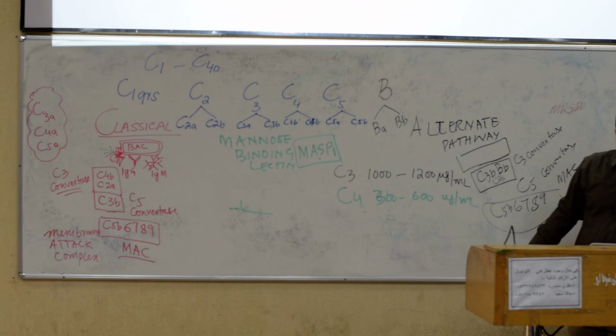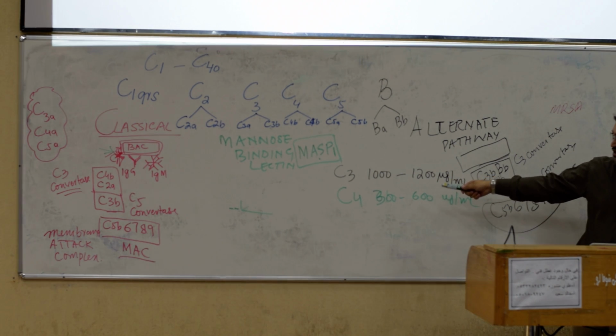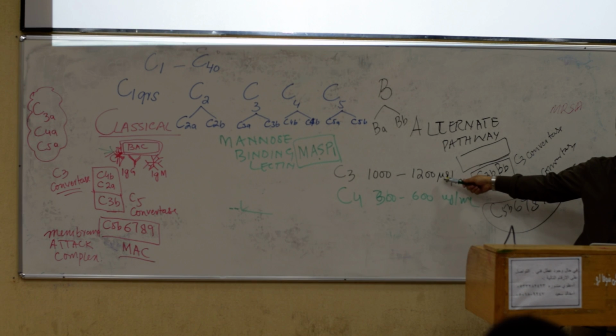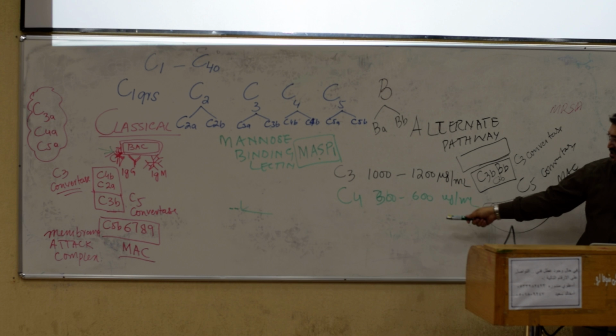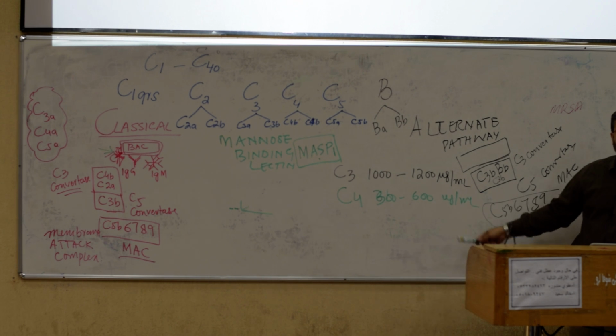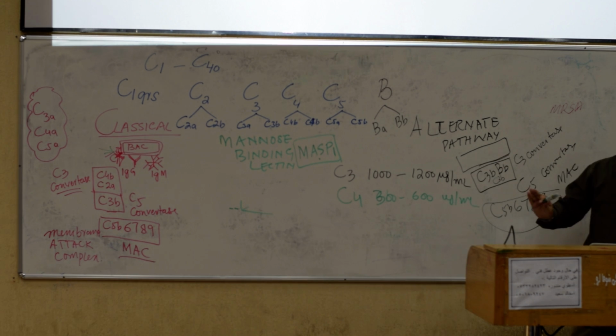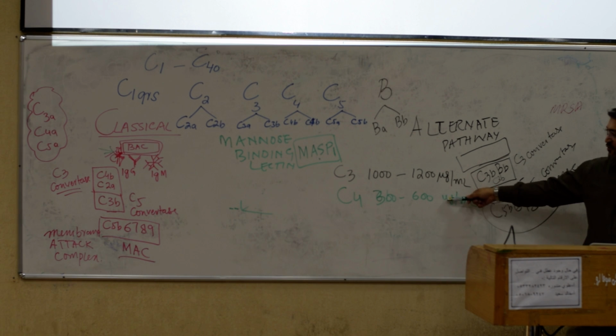So if you look at the levels of the complement proteins, C3 is around 1200 micrograms. C4 is only 600 micrograms. Normally your body has got C4 half of that of C3.